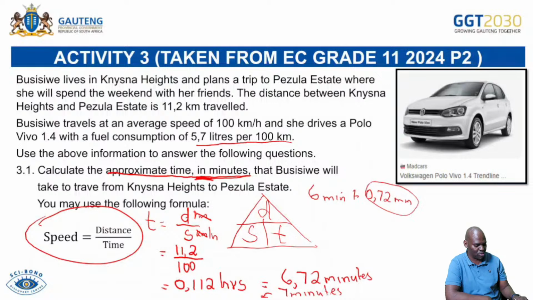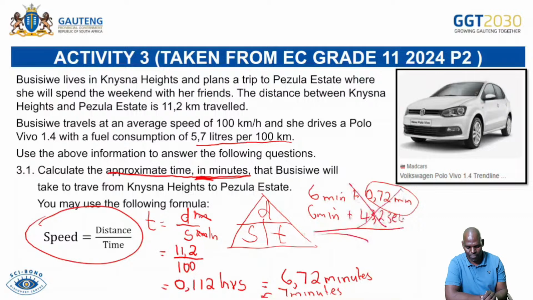If you take 0,72 and multiply by 60, this gives us 6 minutes and 43,2 seconds. So it's about 6 minutes and 43 seconds. But we don't worry about this because the examiner was looking for the answer in minutes only. 6,72 minutes, or you can just round it off and say this is about 7 minutes.